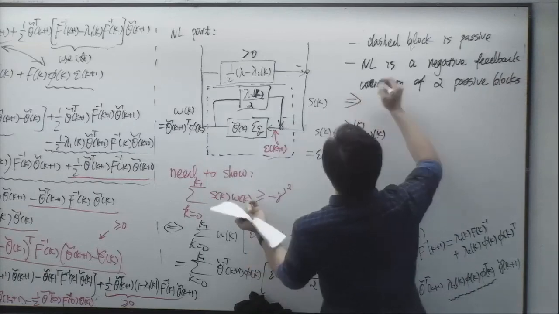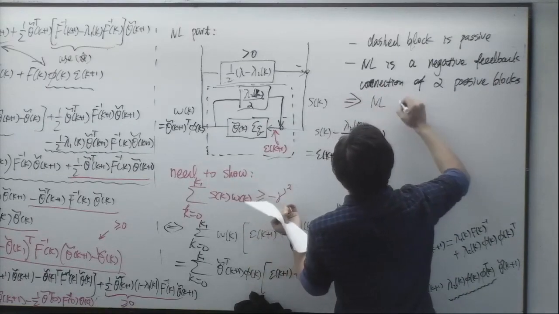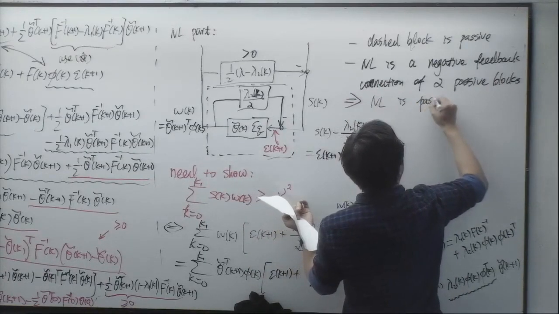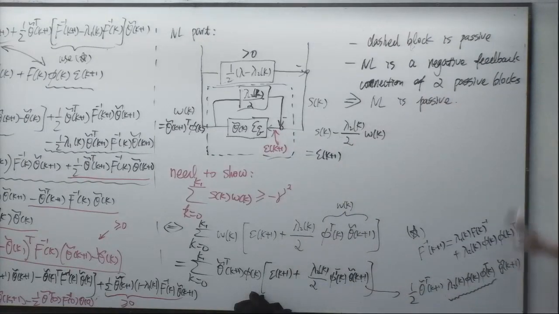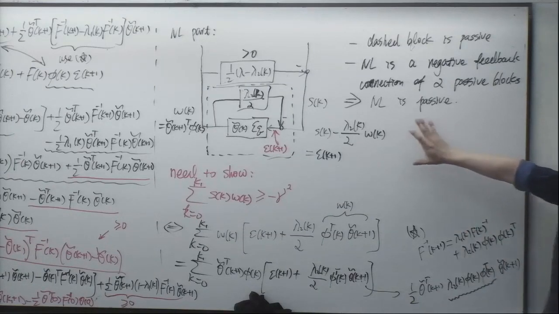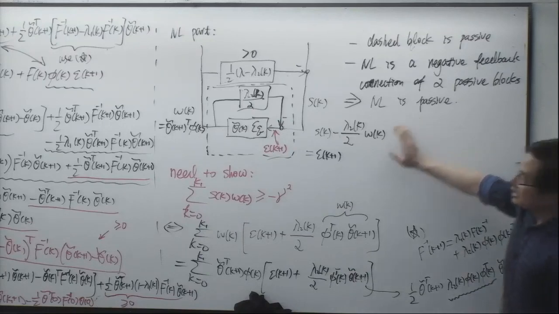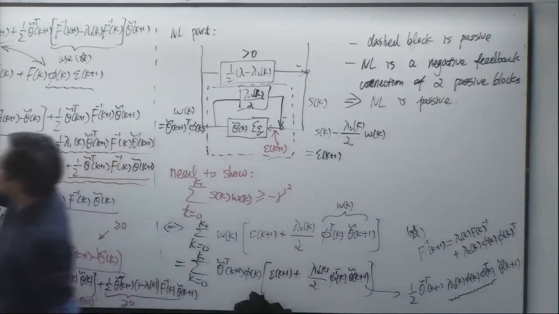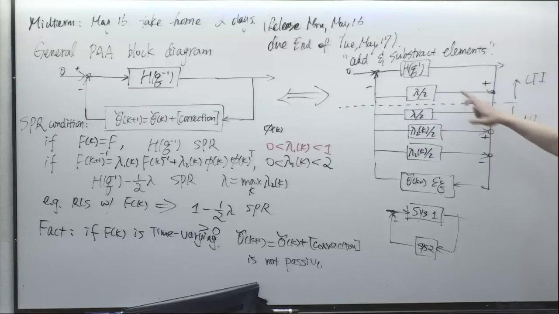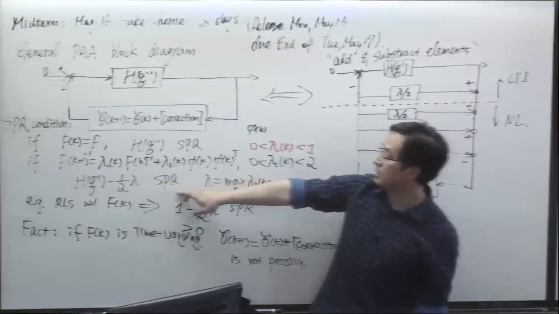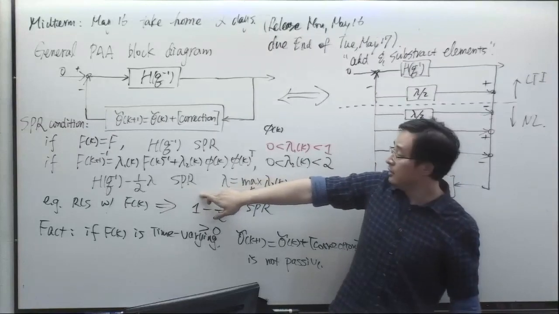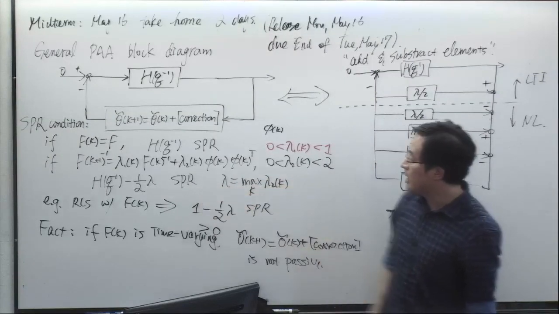So therefore, the nonlinear block is passive. So this completes the whole picture now on the board. The result is that this is passive, and then the LTI block is HQ minus lambda over 2, and we need this to be SPR for the whole asymptotic hyperstability.